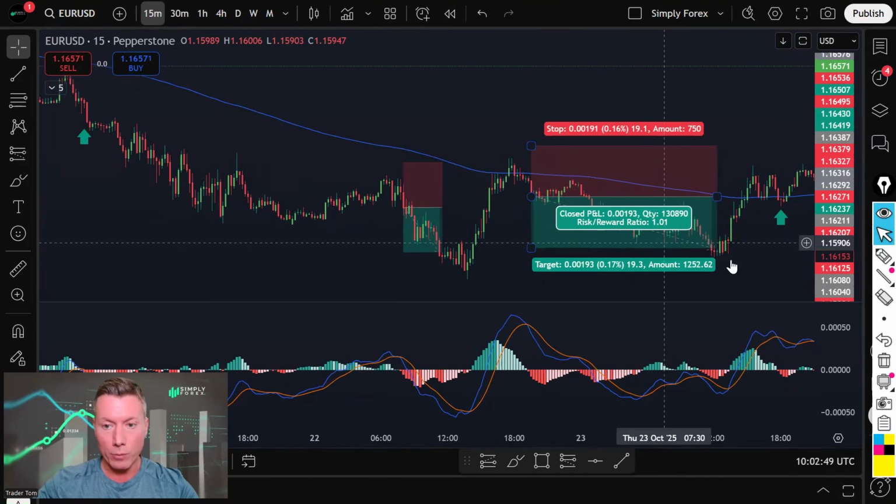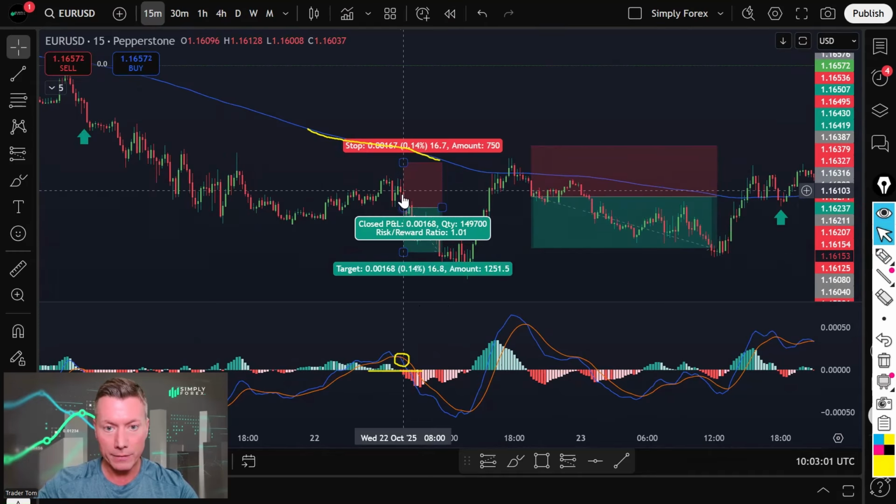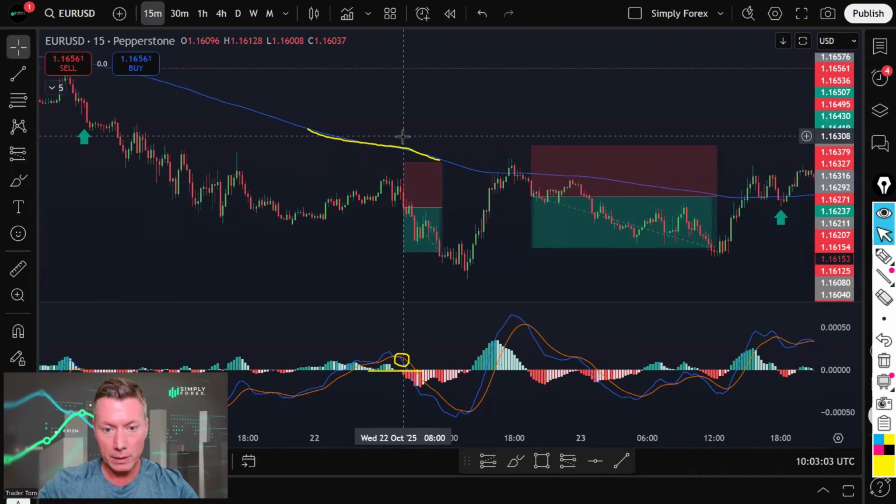Again, guys, we get another one, right? So we're below the exponential moving average. We're above the 0 line. We get a crossover right here. Now, again, if I do my line, you can see that candle right there is where the moving average moves away.